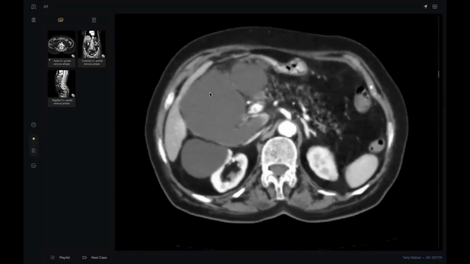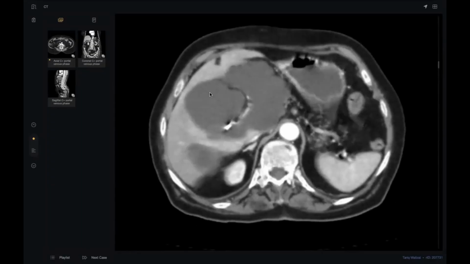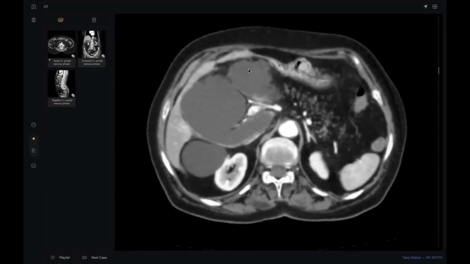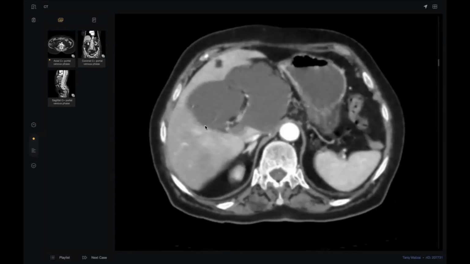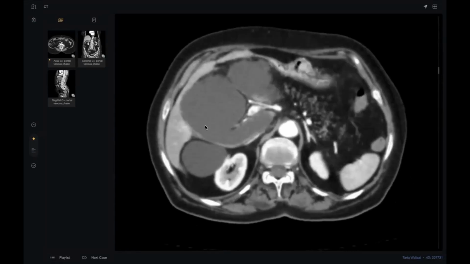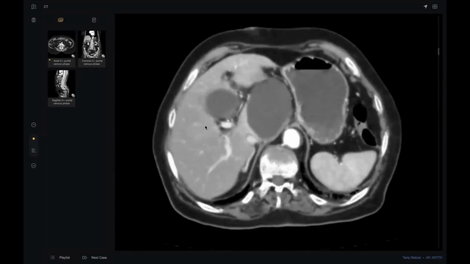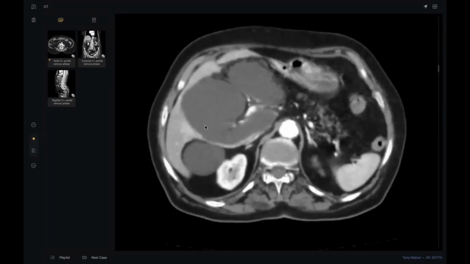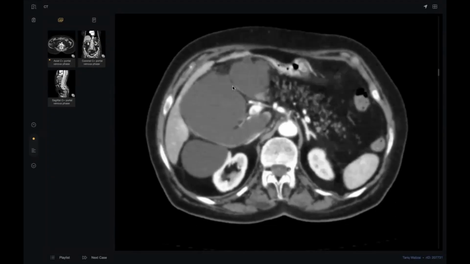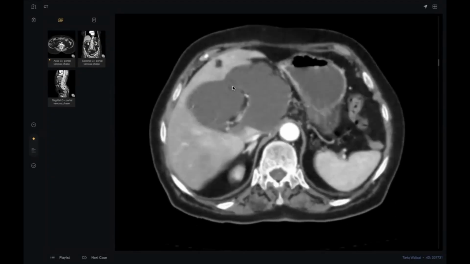Does anyone know how they drain this abscess specifically? The approach? How many approaches do they have? I will tell you. There are two approaches, the lateral one and the anterior one.